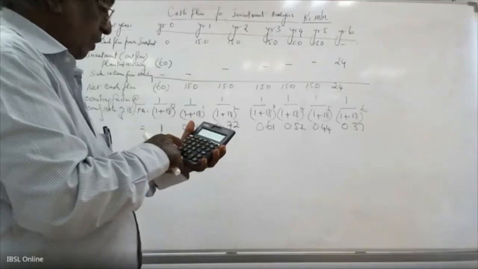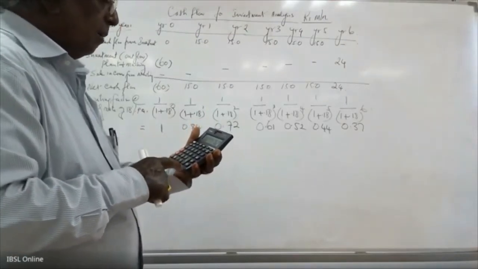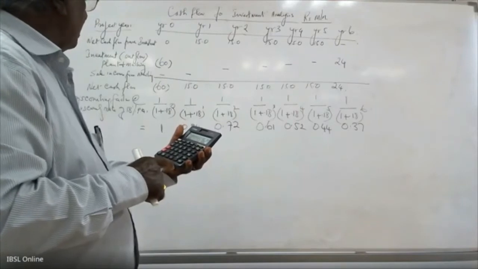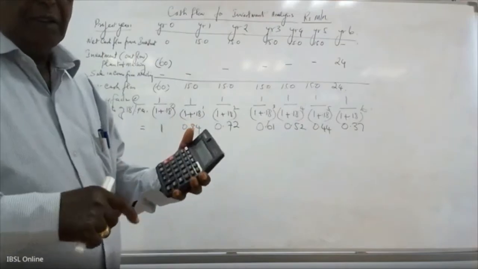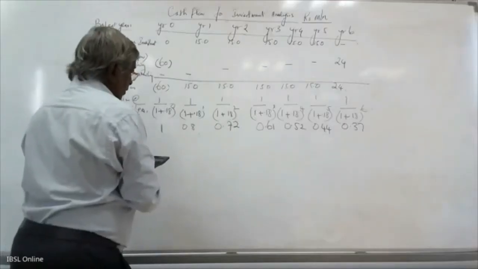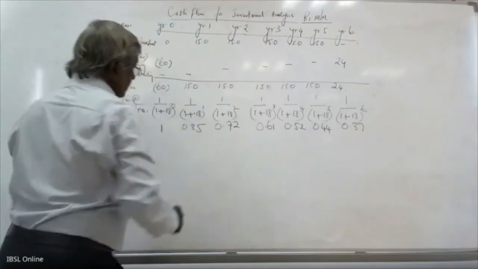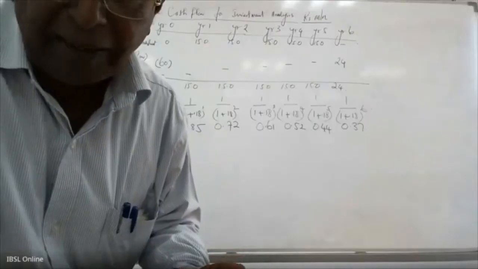Wait. 1 divided by 1.18. 0.847. Rounding up, it will be 0.85. Okay, sir. Okay. Okay. I will round it. Okay. I will say it is 85. Okay, thank you, sir. Rounding up, 0.85. Is it okay? Okay, Hello, sir. my Thank dear. you. Is it okay? Yes, okay, sir. Thank you. Okay.